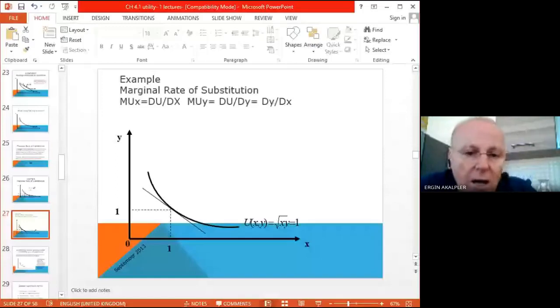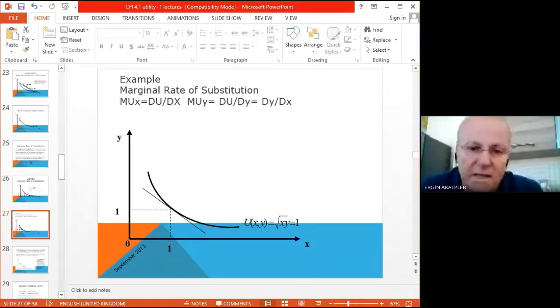When we look at the marginal utility of x, as I mentioned, it is delta u over delta x, and the marginal utility of y is delta u over delta y. When you put the marginal utility of x over the marginal utility of y, it will give you delta y over delta x.